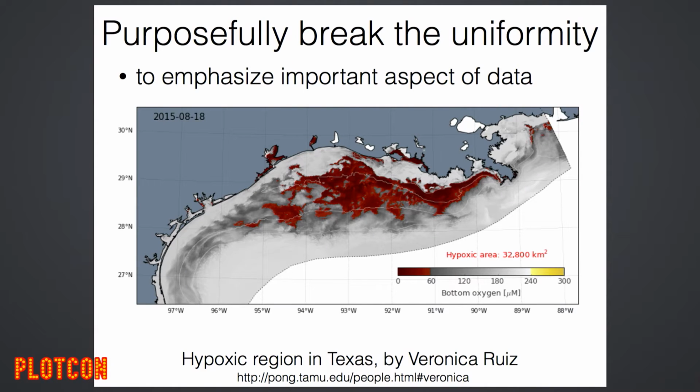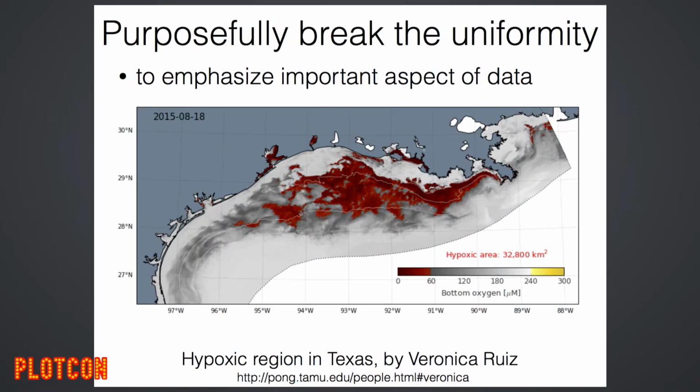Okay, so after all of this that I've said about keeping your color map as uniform as possible, there are certainly times where your data set calls for you to break that purposefully, probably to emphasize some important aspect of your data set. In this case I'm showing, well, Veronica is showing bottom oxygen in the northwest Gulf of Mexico.